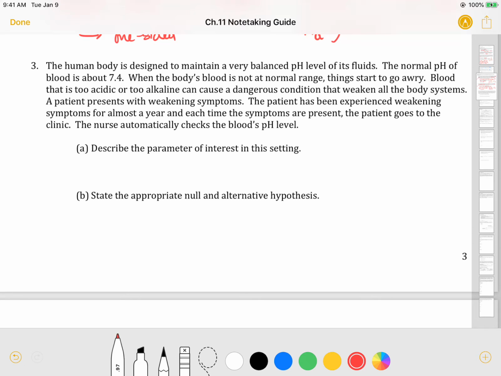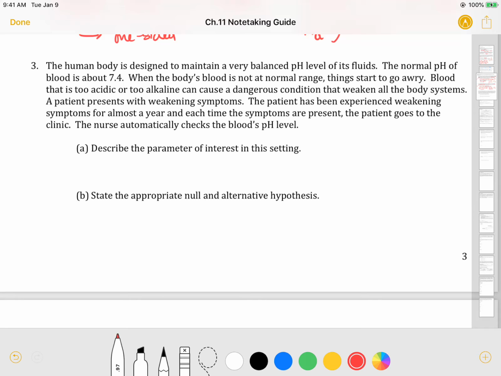It says the human body is designed to maintain a very balanced pH level of its fluids. The normal pH of blood is about 7.4. When the body's blood is not at normal range, things start to go awry. Blood that is too acidic, or when the pH is too low, or too alkaline, which means the pH is too high, can cause dangerous conditions that weaken all the body's systems.